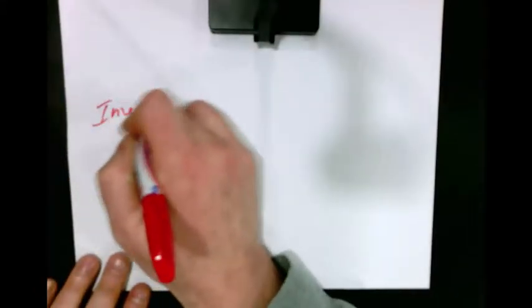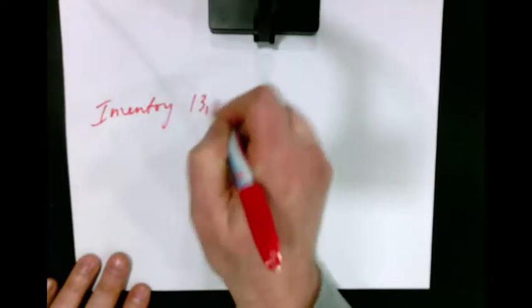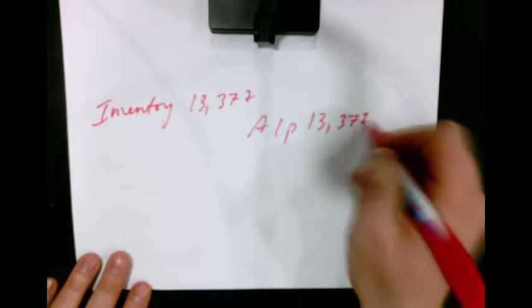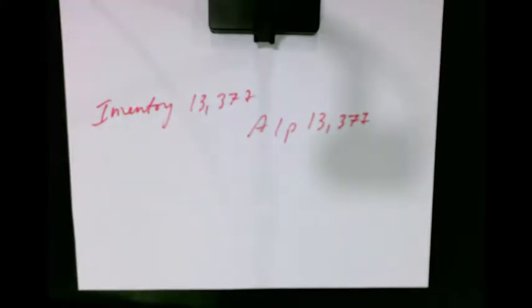You need to take 98% of 13,650, and that's 13,377. So I'm going to simply debit inventory 13,377 and credit accounts payable 13,377. That's for October 4th.